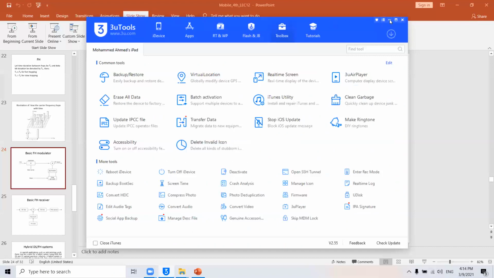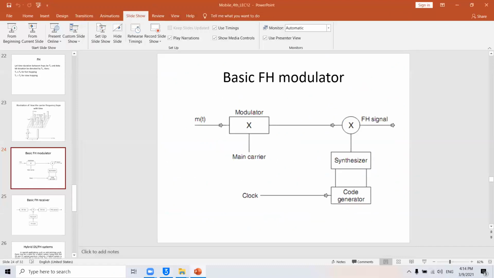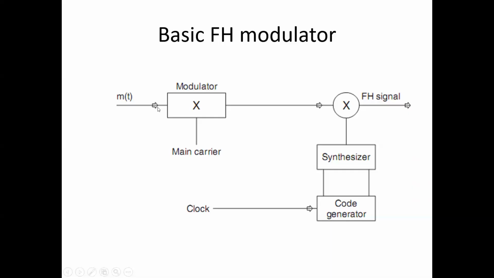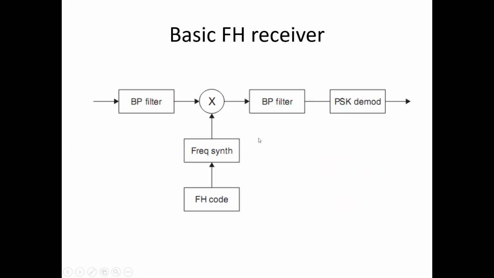Well, do you have any questions, please? No. FH code generator, synthesizer, and finally we have the frequency hopping signal. Now, what about the receiver? Of course, you have to store the same code at both sides.